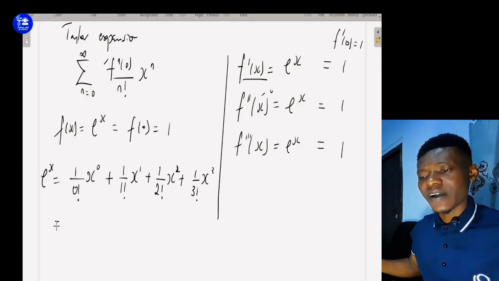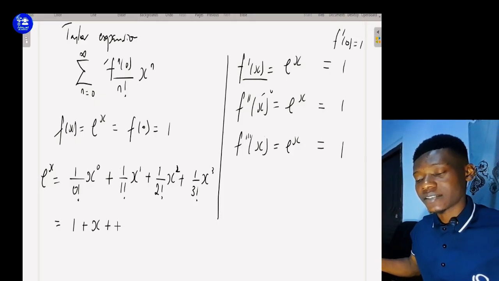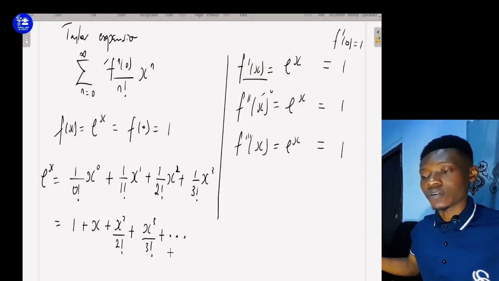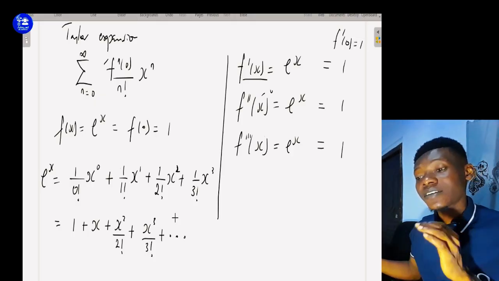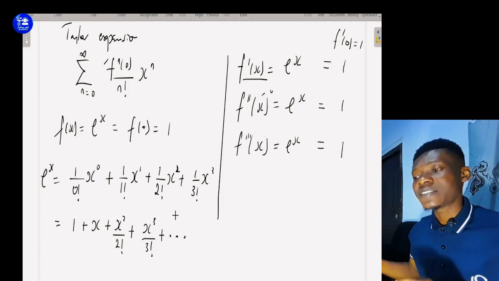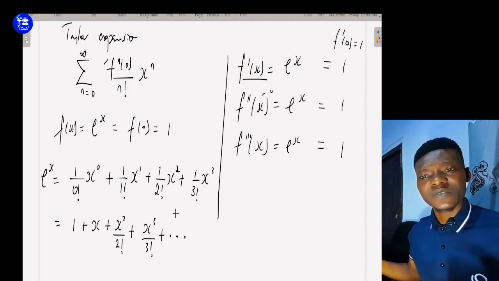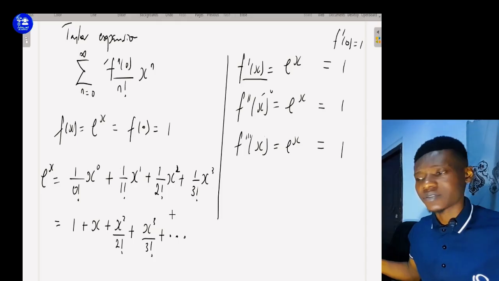So when you simplify further, this gives you 1, while this gives you x, and this gives you x squared over 2 factorial, while this gives you x cubed over 3 factorial, and so on. Now, if you understand the concept of Taylor series, it is a plus while solving Laurent expansion related problems.